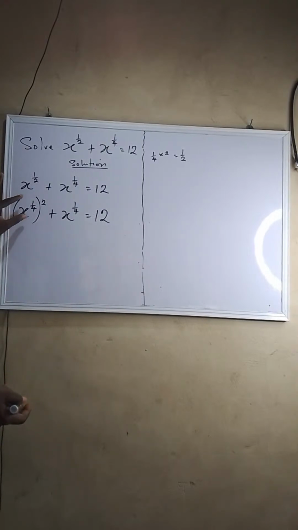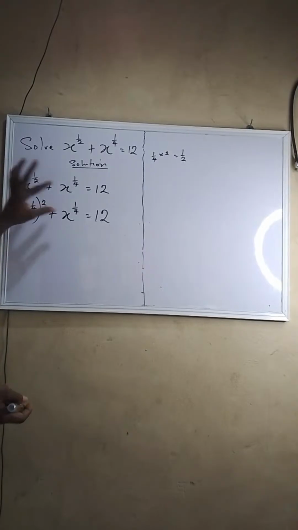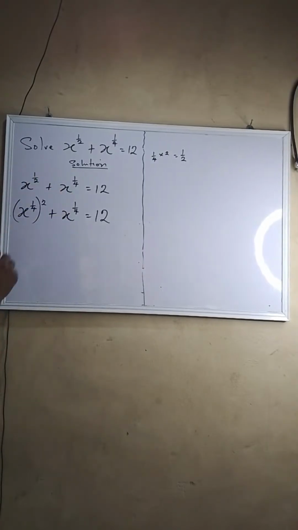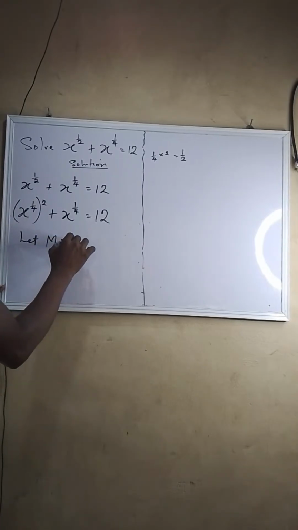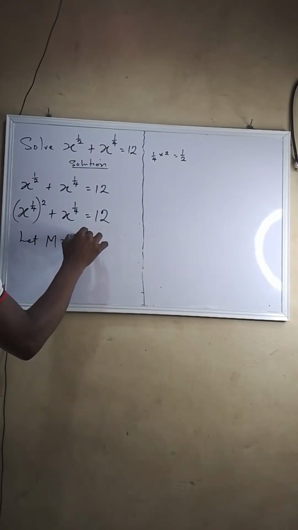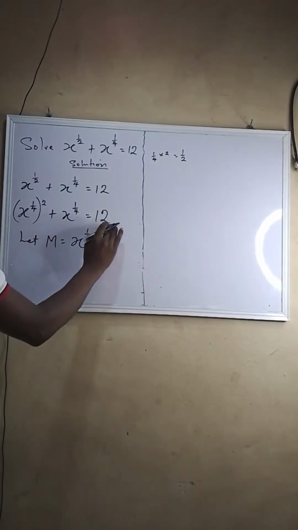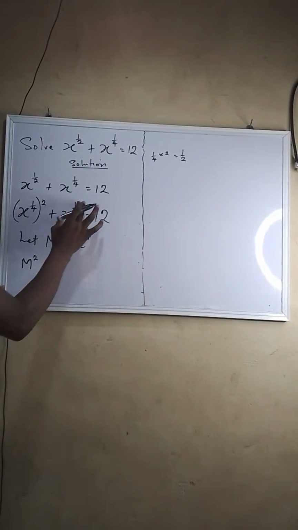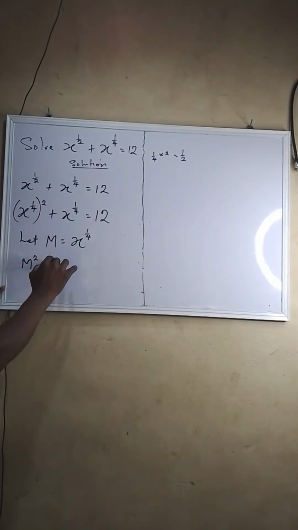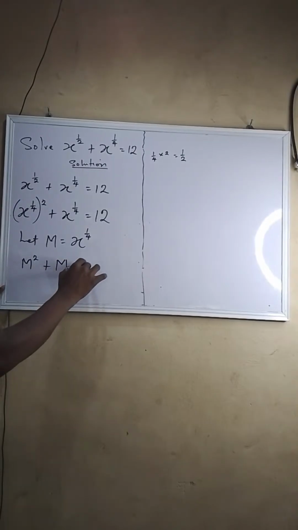Now I can see that I have an expression x raised to the power of 1 over 4 here, and I also have it here. So I will say let m be equal to x raised to the power of 1 over 4, so that this equation now turns to m squared plus m equals 12.